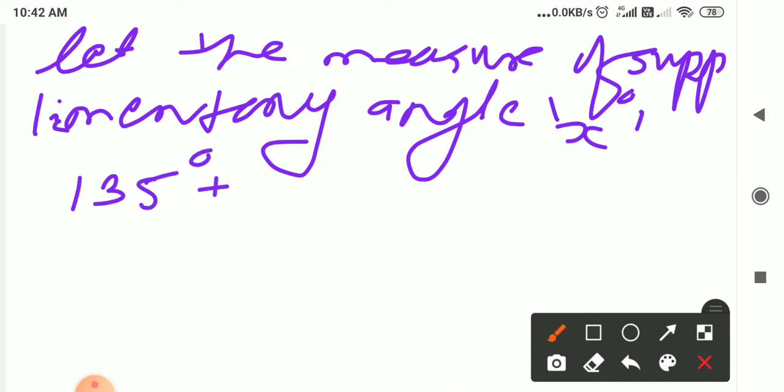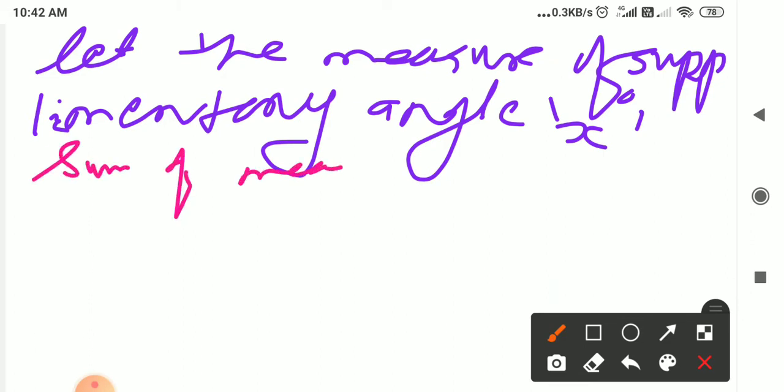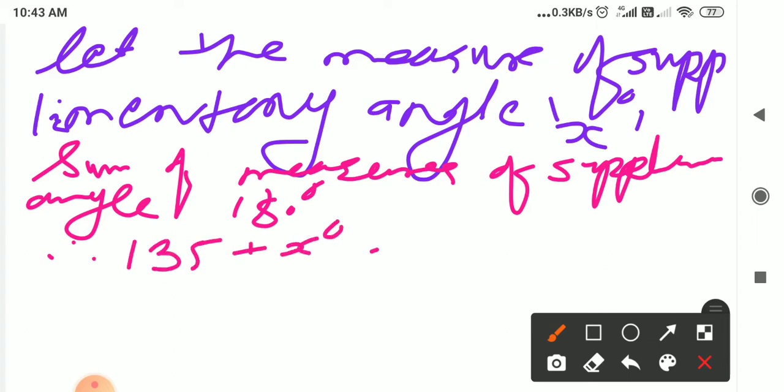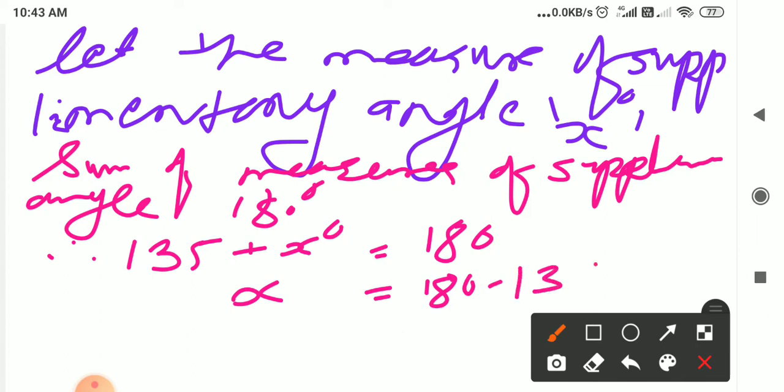First we add one statement: the sum of measures of supplementary angles is equal to 180 degrees. Therefore 135 plus x degrees equals 180 degrees. So x equals 180 minus 135, which gives 45 degrees. So 45 is the supplementary angle of 135.